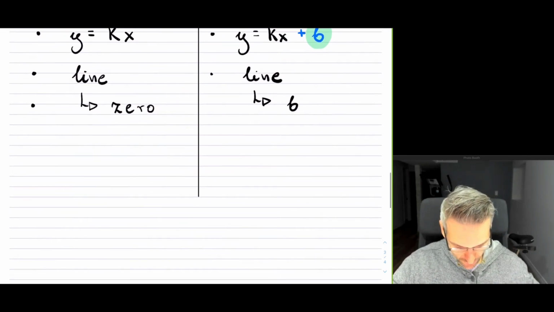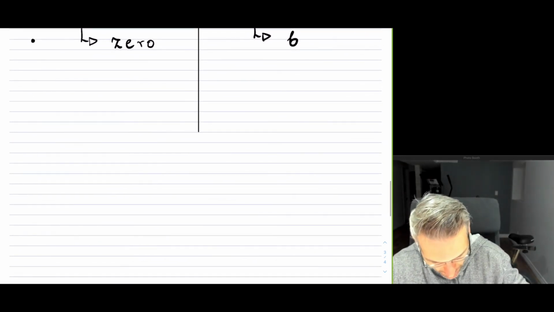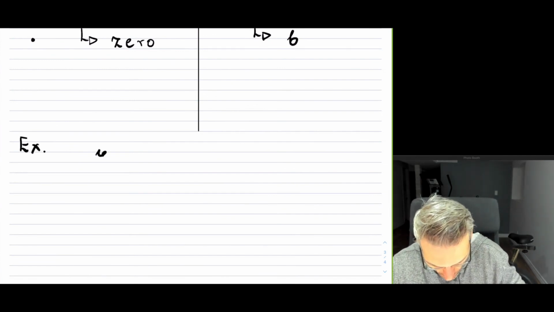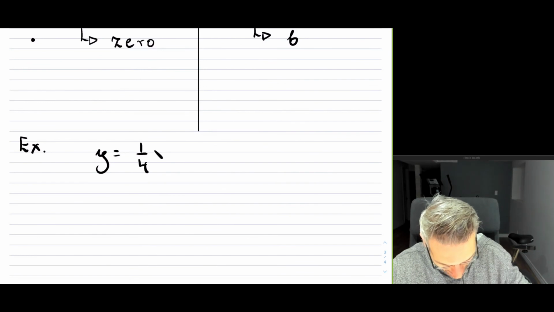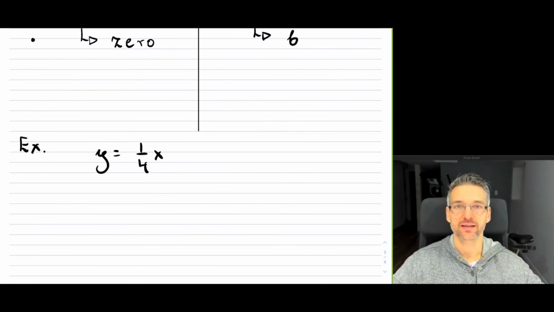Now let's look at some particular examples. If I gave you y is equal to 1/4 x, this one is definitely an actual direct proportion or direct variation. So there is no shifting at all.